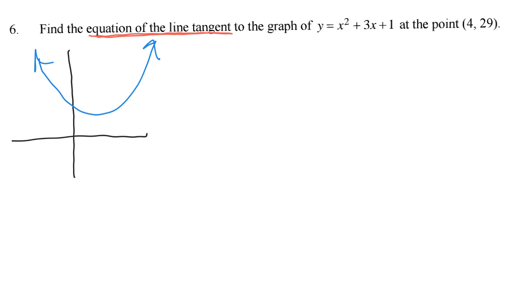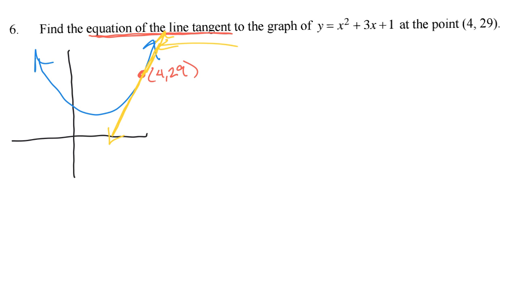So if I go over 4, not drawn to scale, so this is (4, 29). So if I draw my tangent line at that point, I want to find the equation of that line.